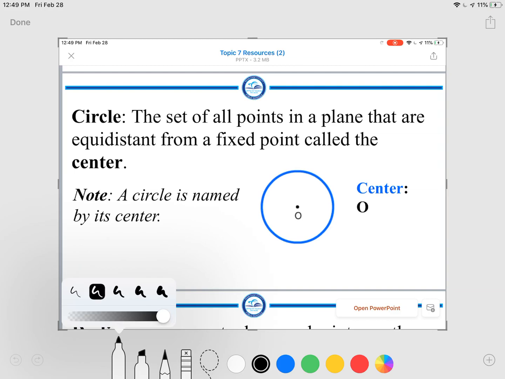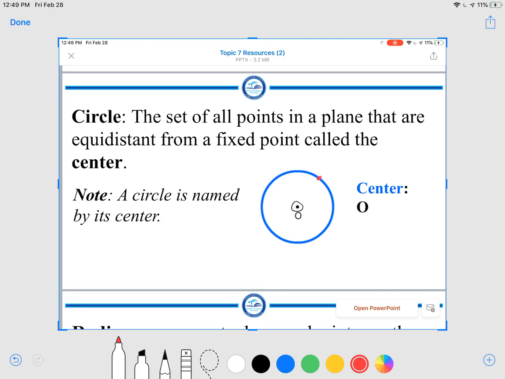for a second. So it says the set of all points that are equidistant from the center. So here's the center of the circle, and every point, like let's say this one and this one, they're both the same distance away from the center.